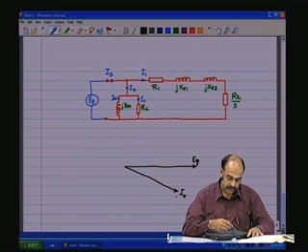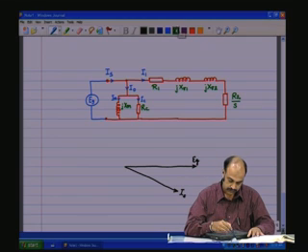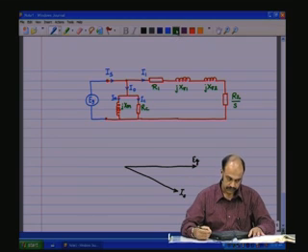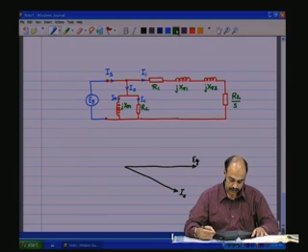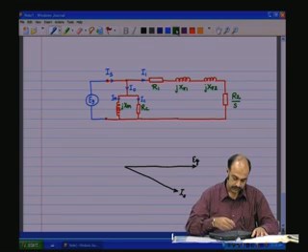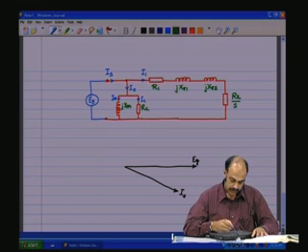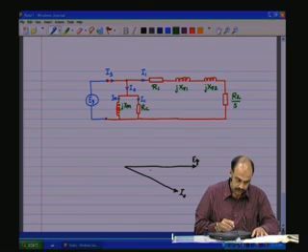Now IS is the sum of I0 plus I1. If you take I0, to compute I0, the drop IC is going to be in phase with EG.